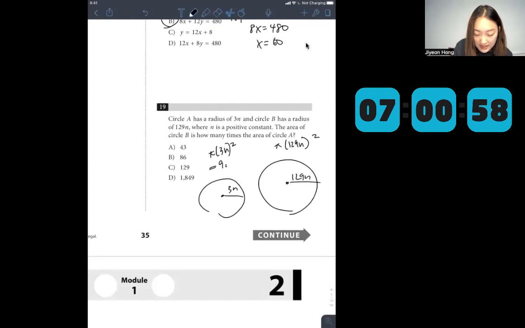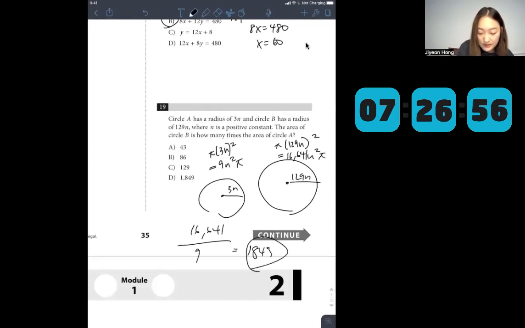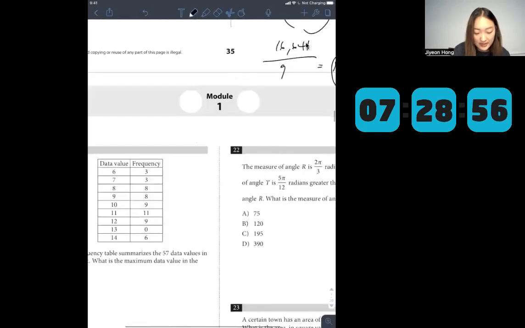So this is going to be 9n squared pi, while this side would be 129 times 129, which is 16,641 n squared pi. And it's asking how many times the area of circle A is circle B. So we're going to take 16,641 and divide it by 9, which gets us 1849. Answer choice D.